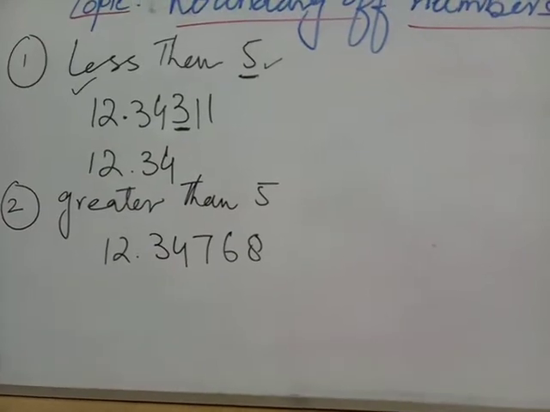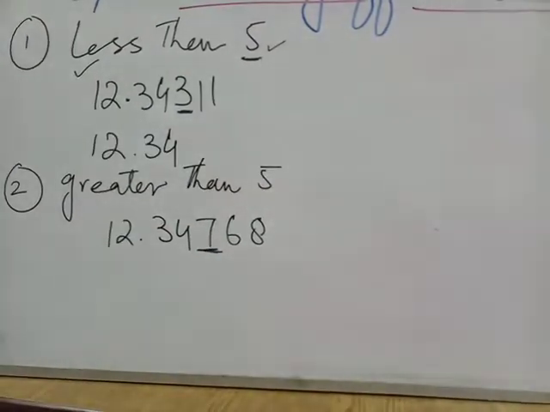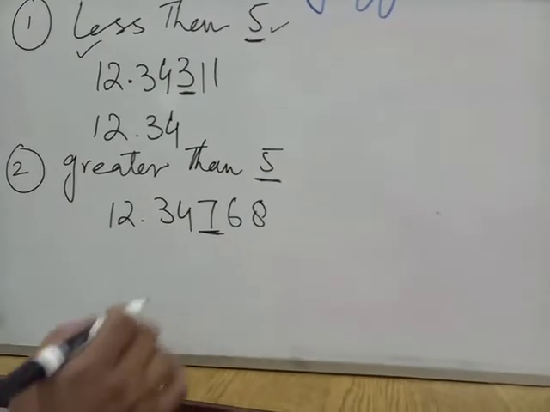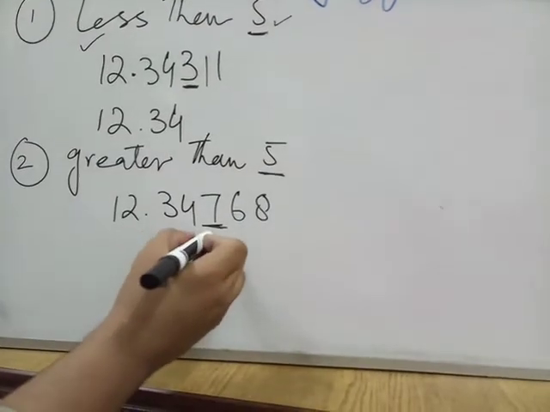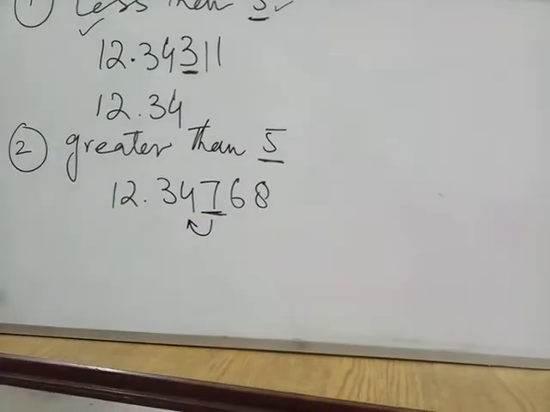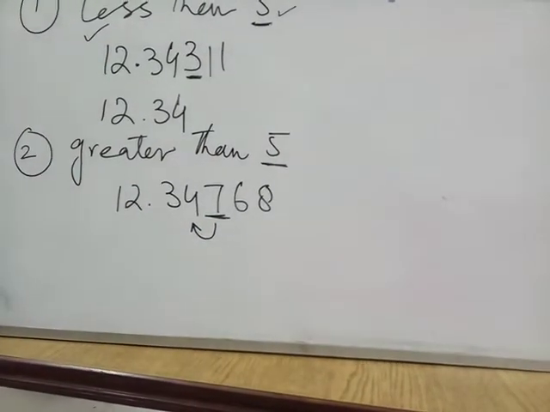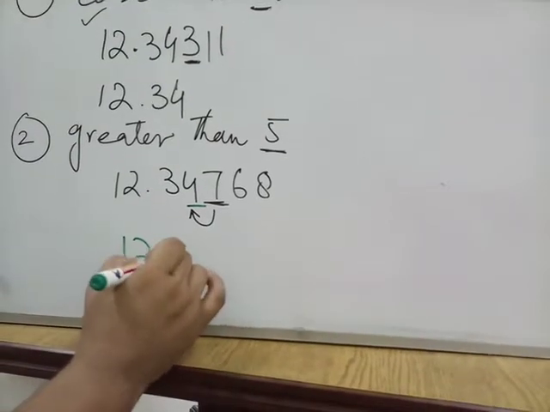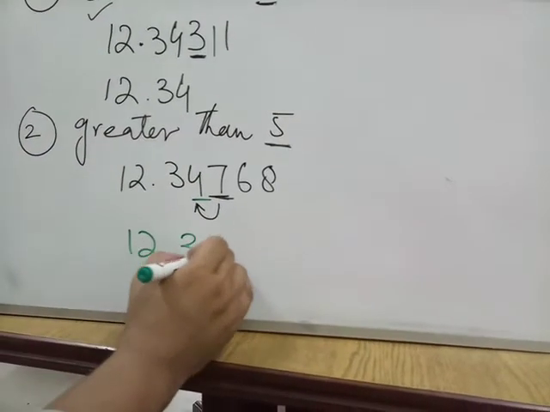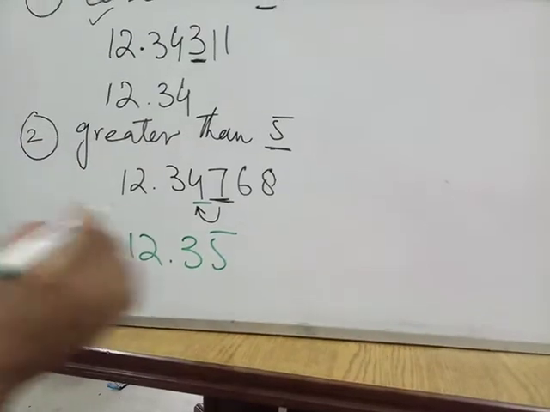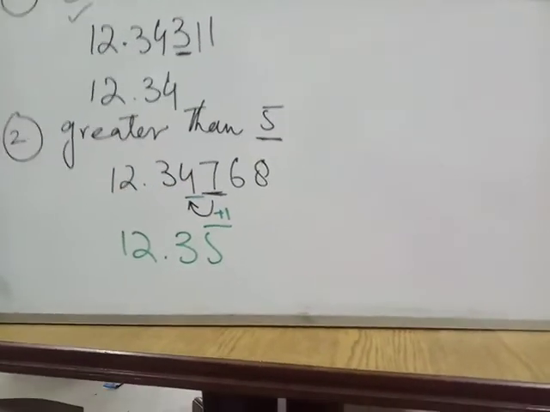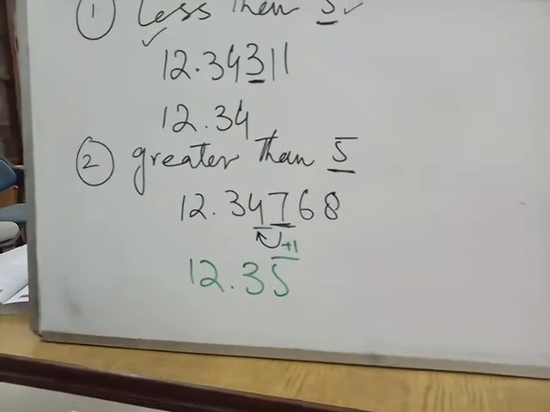So we are dropping this 7. The dropping digit is greater than 5, so 1 will be added to the last retained number. The last retained number is 4, so the 4 becomes 5, and the answer is 12.35.